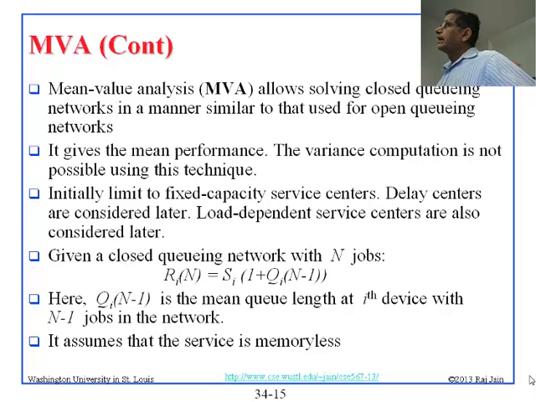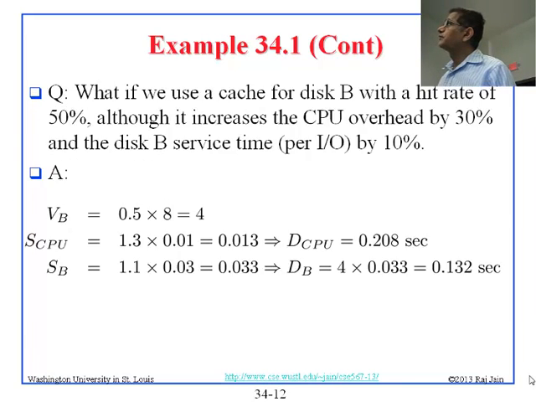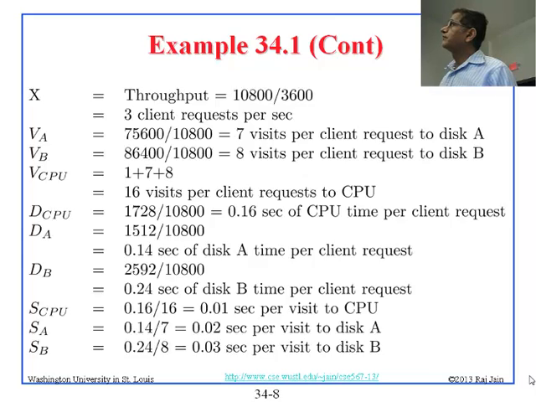Given a queuing network, here's the key formula for mean value analysis. Remember this formula, R_i = S_i(1 + Q_i). This was the formula we had used before, at the very beginning.